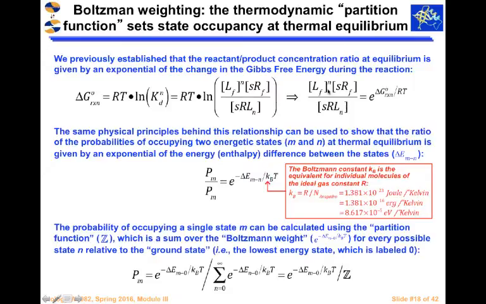This was saying at equilibrium in a binding reaction, the concentration ratios are given by e to the delta G zero, the free energy difference over RT. When we propagate down to the molecular level in quantized energy states, you can see it's the same functional form.